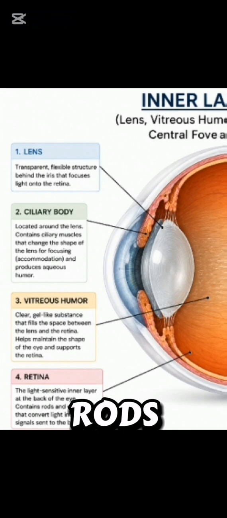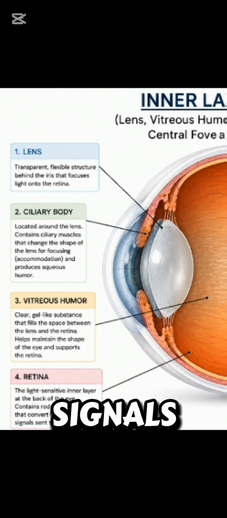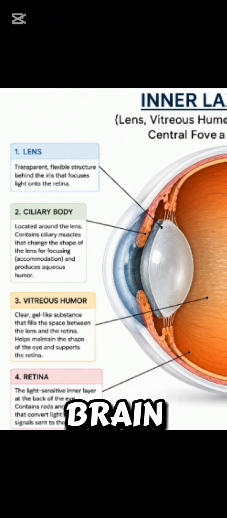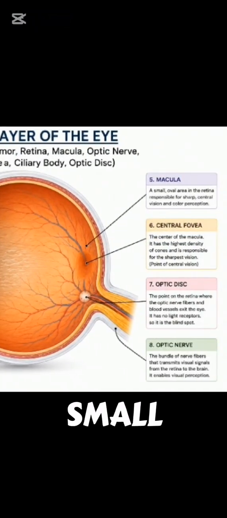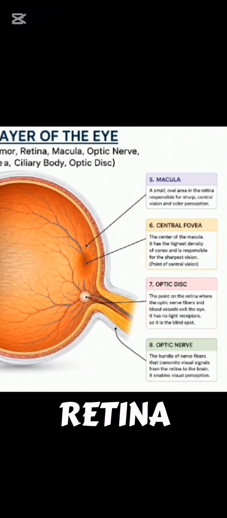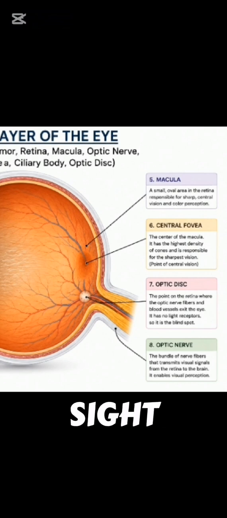It contains rods and cones that convert light into nerve signals sent to the brain. The macula is a small area in the retina responsible for central vision and detailed sight.